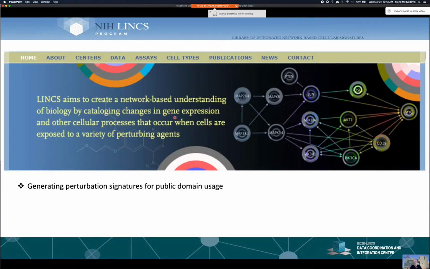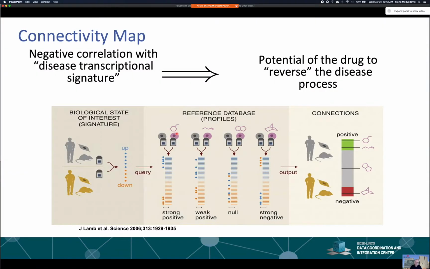But the point is that the objective of the project was to generate perturbation signatures on a large scale using different assays, querying different compartments, right? Creating proteomics, transcriptomics, metabolomics, and other signatures, and for a large number of varying perturbations, not just perturbing agents, but also diseases and so on. So the concept of LINCS, not I-LINCS.